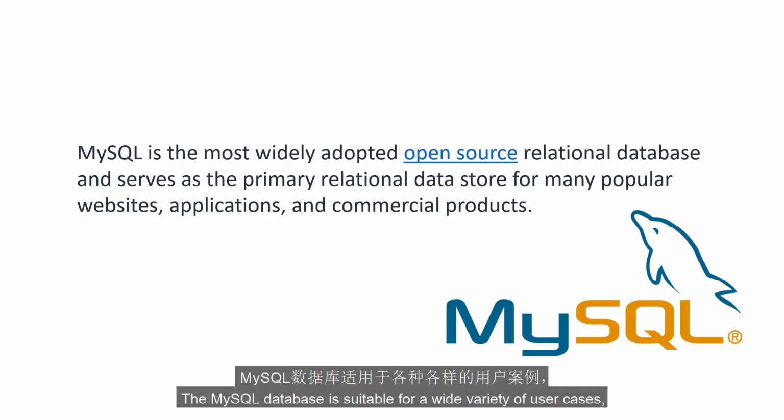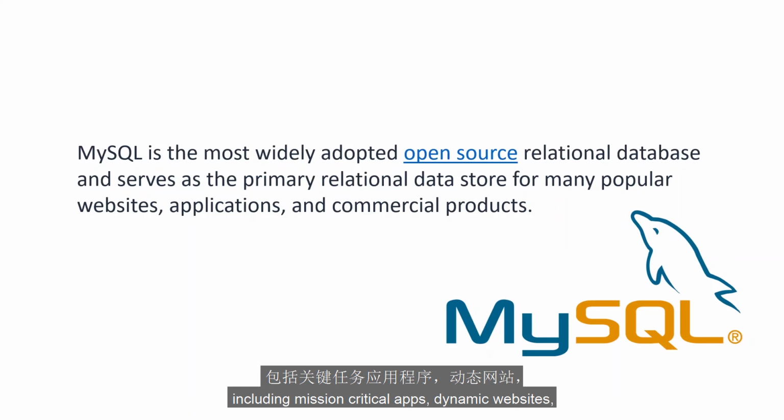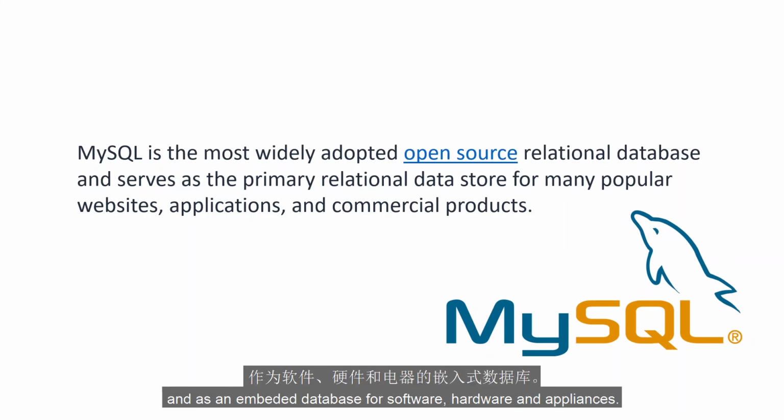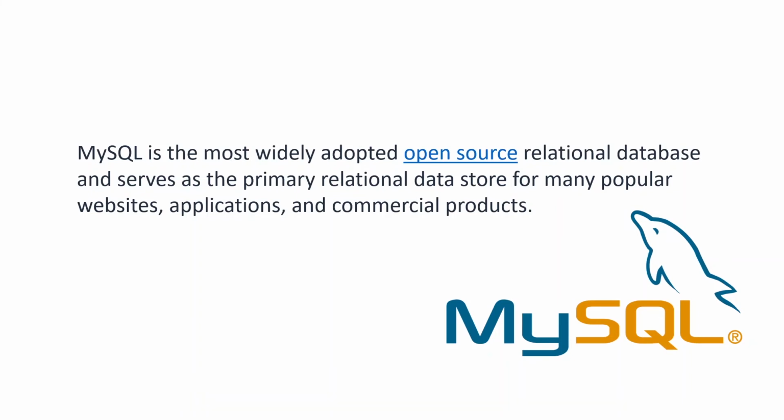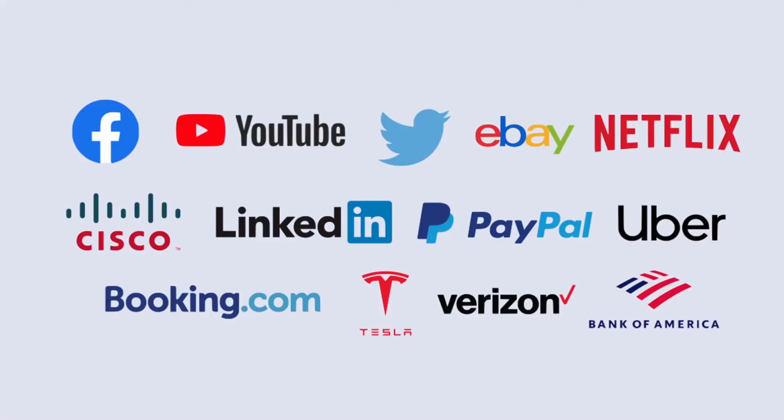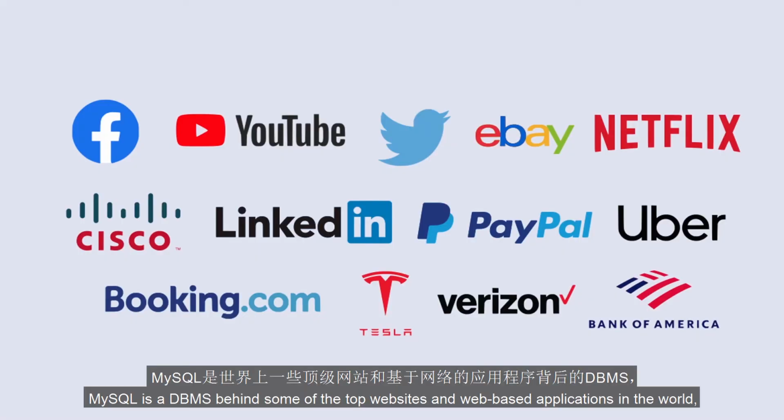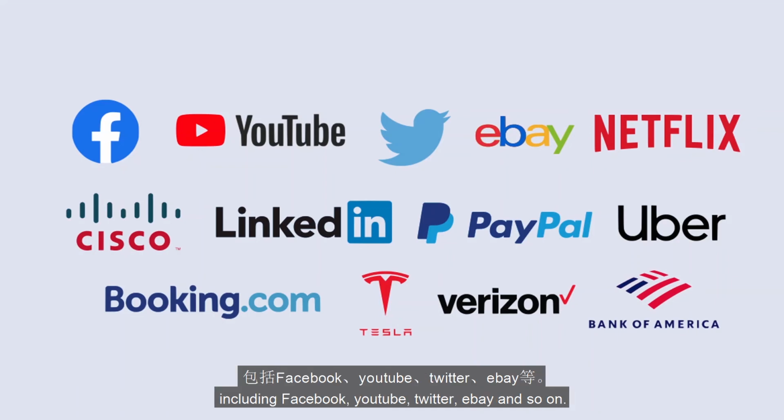The MySQL database is suitable for a wide variety of use cases, including mission-critical apps, dynamic websites, and as an embedded database for software, hardware, and appliances. MySQL is the DBMS behind some of the top websites and web-based applications in the world, including Facebook, YouTube, Twitter, eBay, and so on.